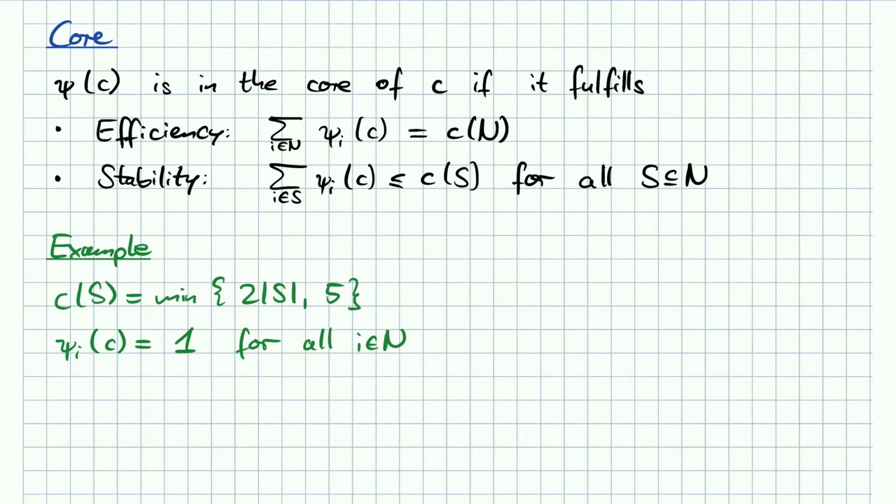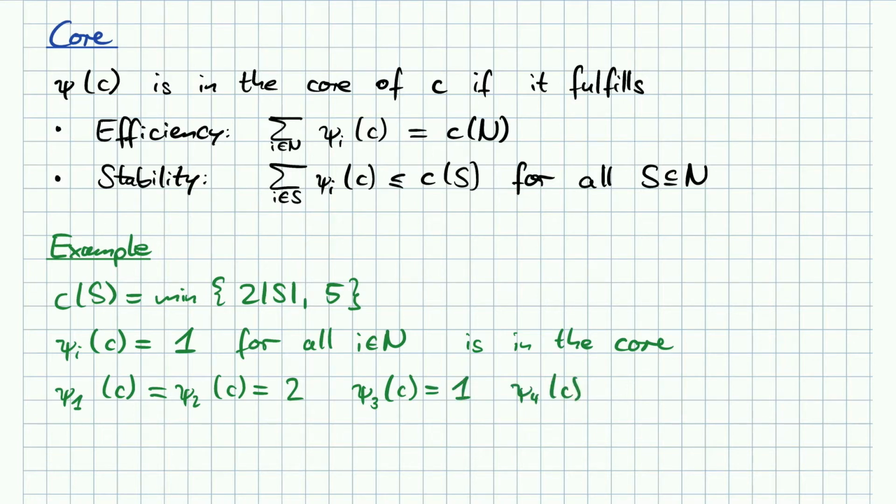This will be in the core. Or we might, for example, split up the cost so that the first 2 agents pay 2, the next agent pays 1, and the remaining 2 agents pay nothing. This is also in the core.